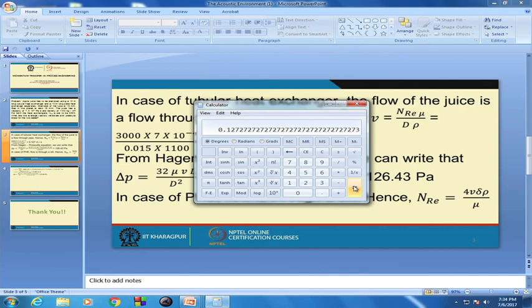So, if we have found that out, then pressure drop we can also find out from the Hagen-Poiseuille's equation. What is Hagen-Poiseuille's equation? So, from the Hagen-Poiseuille's equation, we can find out the pressure drop.